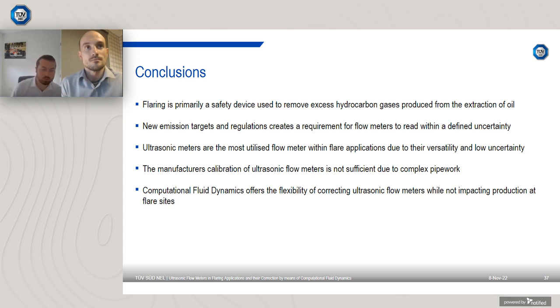Yeah, well, there's no right or wrong installation, to be honest. What the CFD has revealed to me is that the manufacturer's recommendations do not fully guarantee a fully developed flow profile, especially in such installations where you have multiple bends and disturbances upstream of the meter. And obviously these disturbances and bends will create a disturbance in the flow profile.